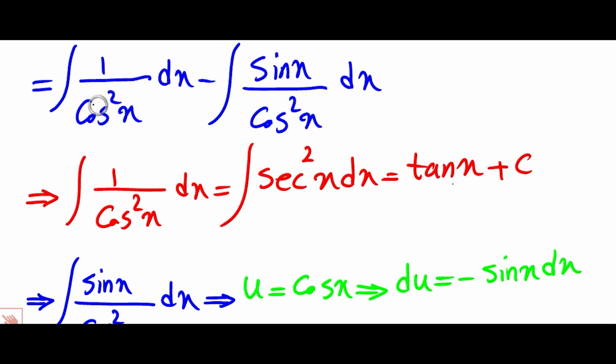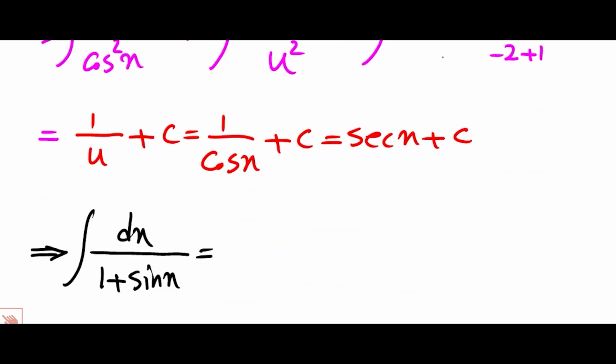So the integral of 1 over cosine squared of x equals tangent of x, and the integral of sine of x over cosine squared of x, of course with the negative, is secant of x. So we have tangent of x minus secant of x plus c.